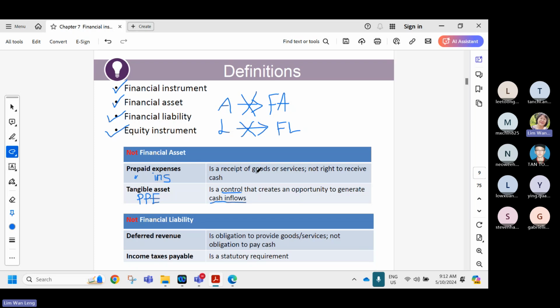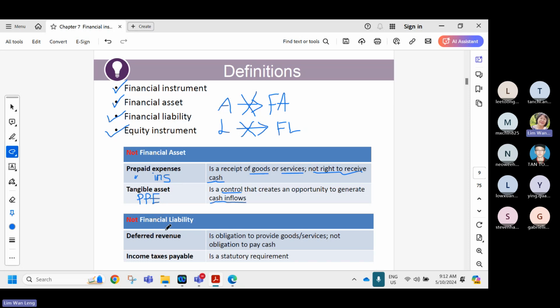So it's either to receive the goods or the services, but not the right to receive cash. In other words, prepaid expenses and prepaid insurance do not fulfill the definition of financial asset. So they are not financial assets.